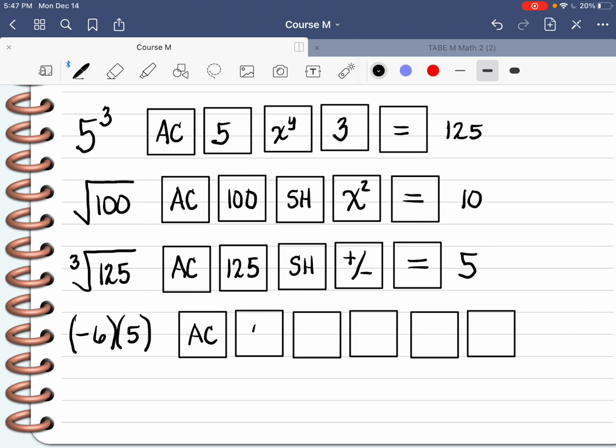And then you're putting in your 6, and you want to make that 6 a -6. So you press the plus minus key. It is changing the plus to a minus. The only time you touch that key for negative is when you want a negative sign. We're multiplying. 5 is already positive. You don't have to do anything to it. Press equal and your calculator will give you a -30.